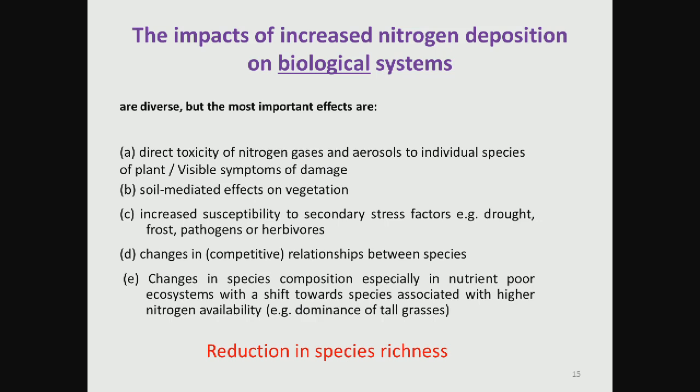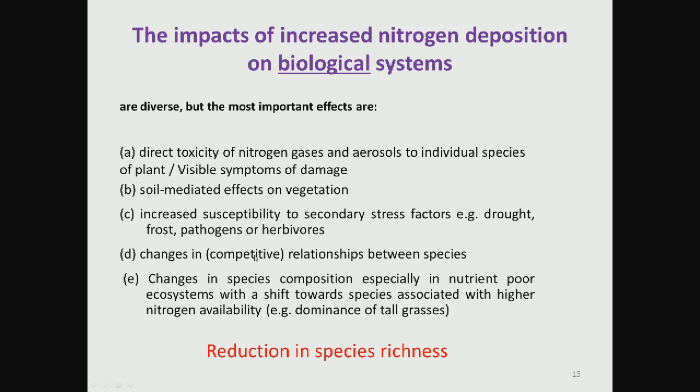It can cause the plants to be more susceptible to other stresses. If you give your household plant too much Baby Bio, too much nitrogen and phosphate, they grow too much, but then if it gets cold, they'll be much more sensitive to cold. So they get more sensitive to other stresses.